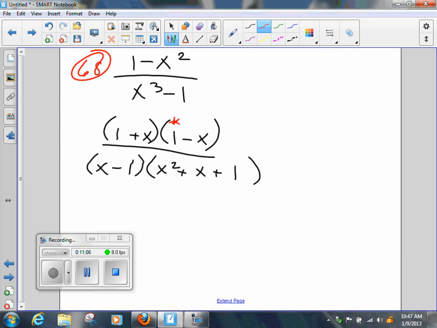Factor out a negative 1. Folks, if you need to, make yourself a note: they're similar, they're not exactly the same. Factor out a negative 1 first. Then cancel out.